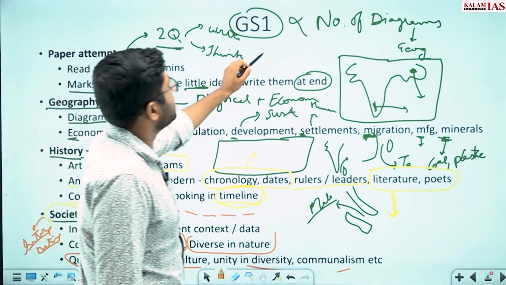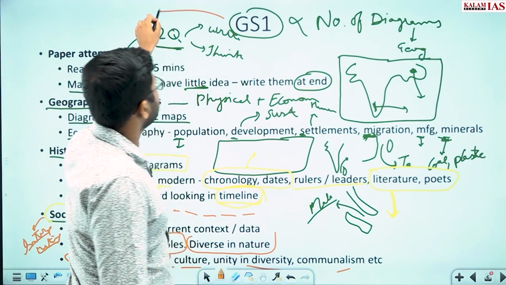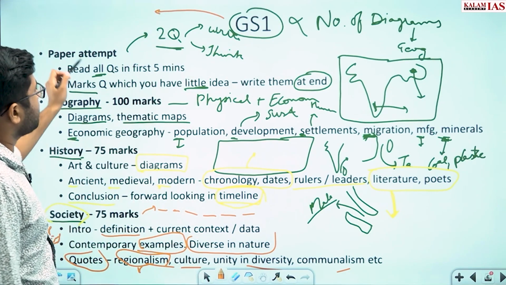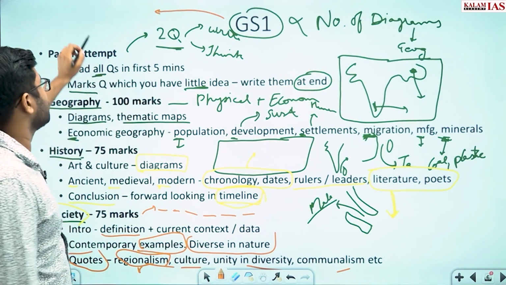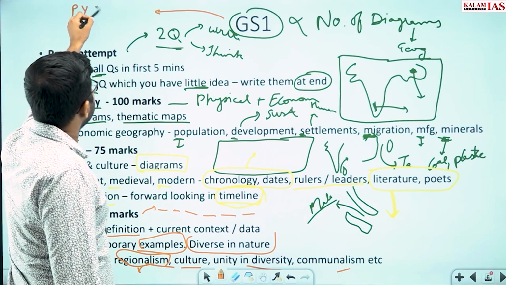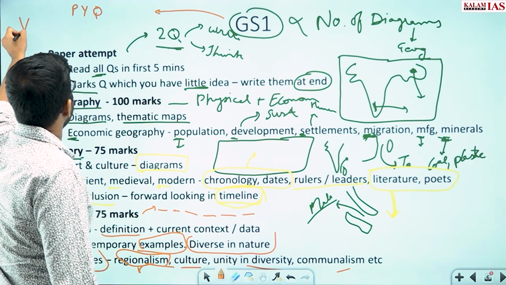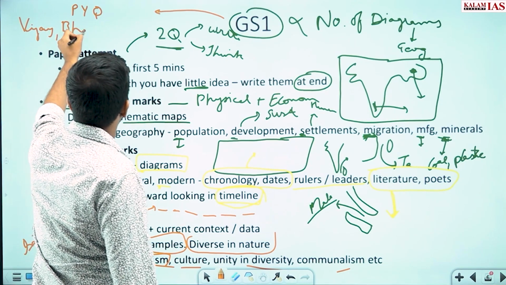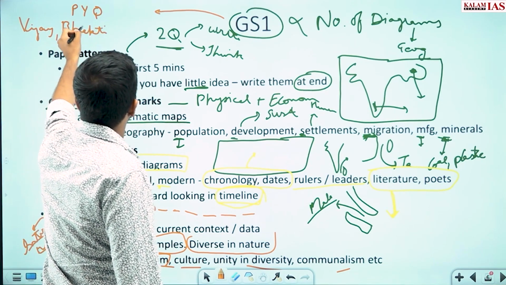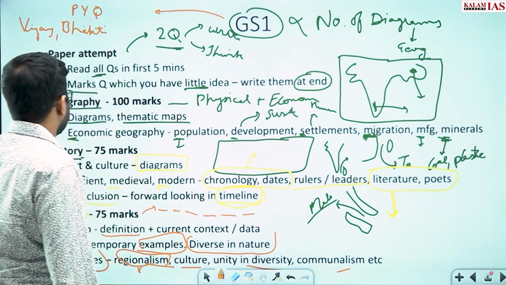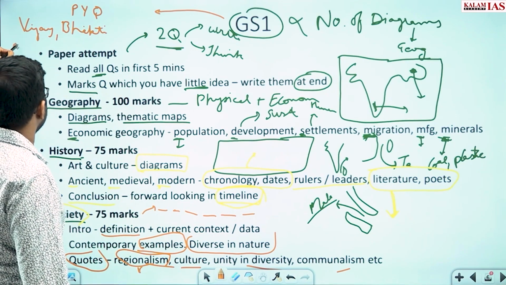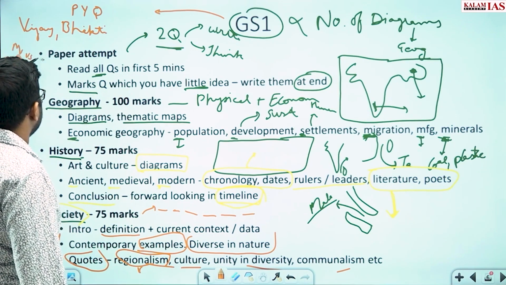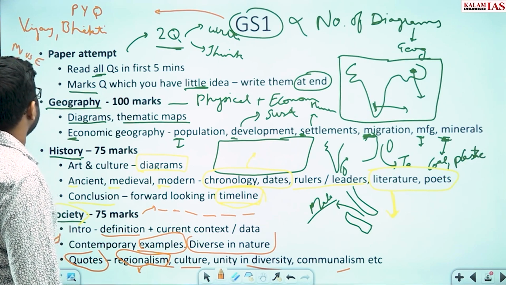Apart from this, in GS1 there are a few repeated themes that you can prepare based on the PYQs. Suppose in history, a few themes are the Vijayanagar Empire or the Bhakti Sufi movement, or in modern history you have moderates versus extremists, questions related to that, or the Gandhian phase.